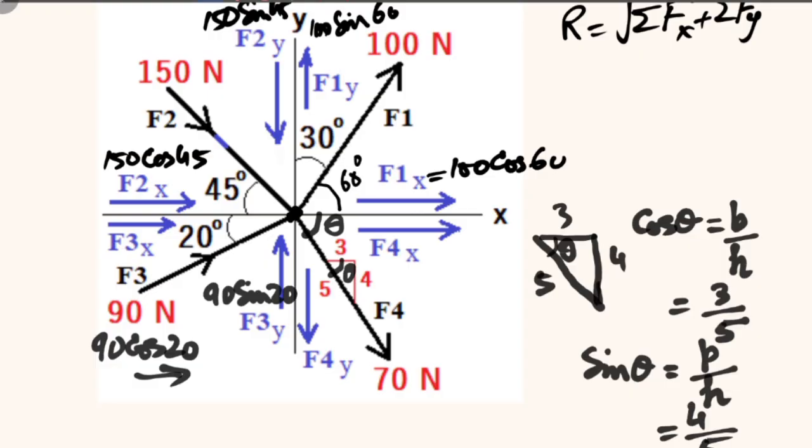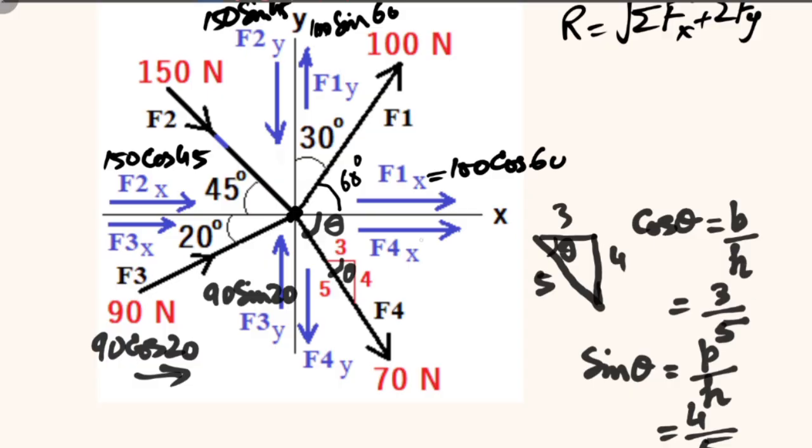So we have got the values of this sine theta and cos theta, which we can use here to write the values of these components of 70 Newton force. So F4x, that means the component of F4 force in x direction, will be F4 multiplied by cos theta, and the value of cos theta is 3 by 5.